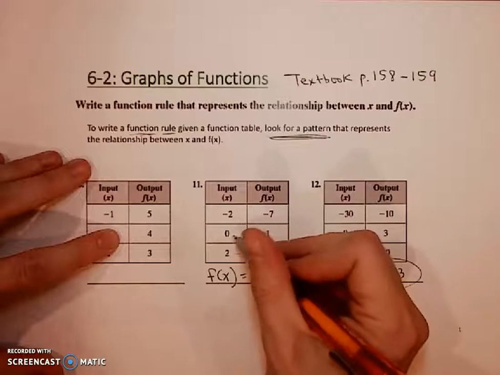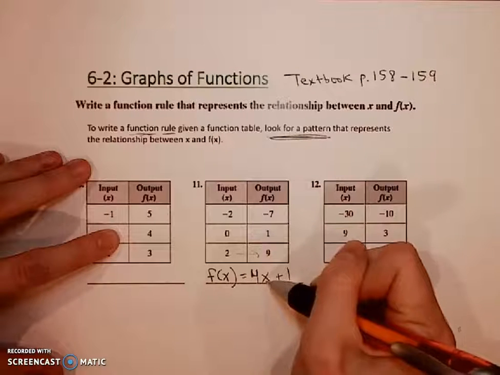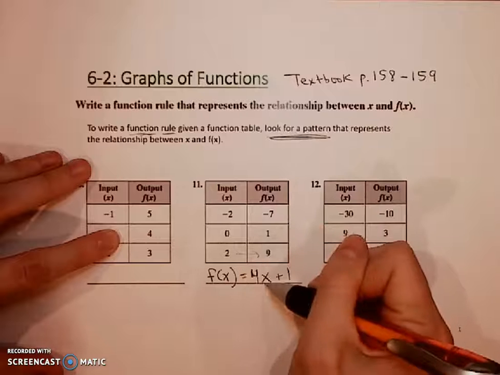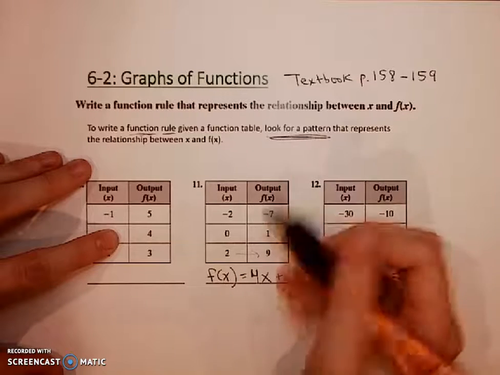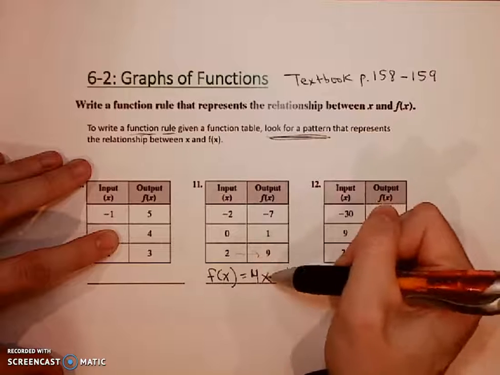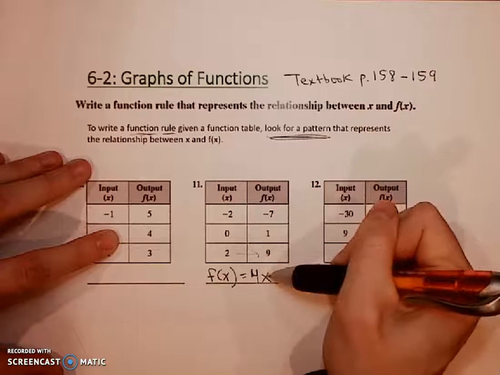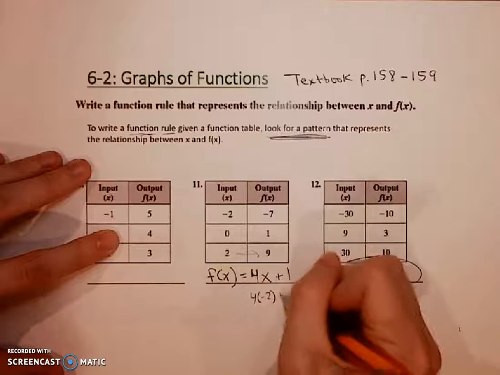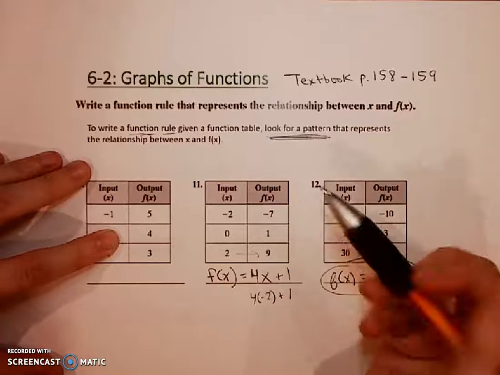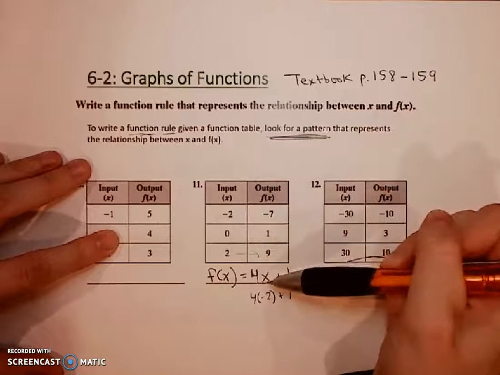Let's see if it works up here. When I take 0 and input it for x, 4 times 0 is 0, and then I add 1. Does that give me 1? Yes. And then here, -2. When I input -2 for x, what do I get? So 4 times -2 plus 1, right? We're just doing substitution, you guys. I take -2 and put it in for x.